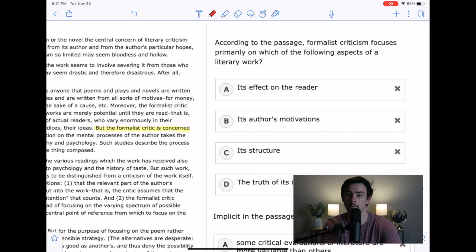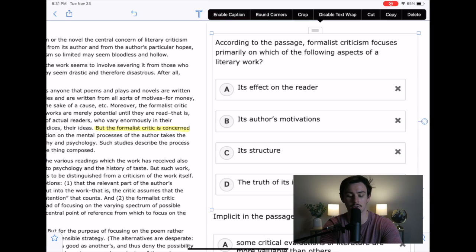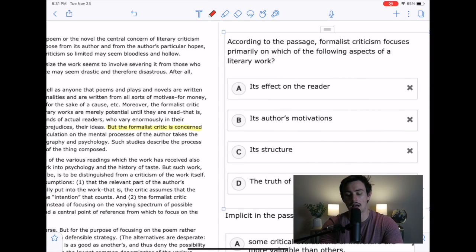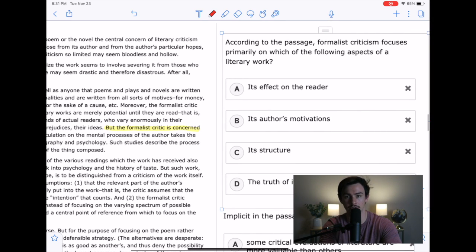Okay. So if I go back and look at my main idea, we're focused on objectivity, we're focusing on the work itself, like the words on the page. A says I'm focusing on its effects on the reader. Probably not, because I think our author would deem that as psychology. We're not focusing on the reader. So maybe not A. B says it's author's motivations.